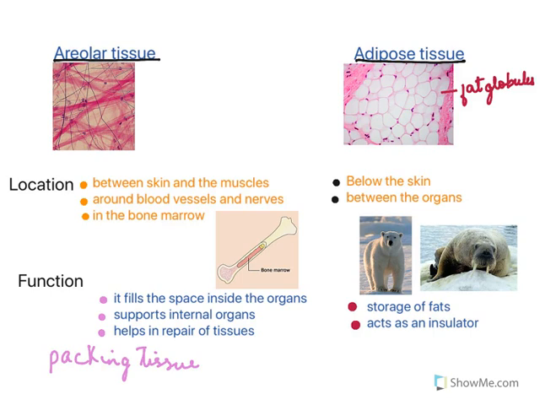You can see adipose tissue present in Arctic animals like the polar bear and the walrus. They all have a thick layer of this adipose tissue in which a large amount of fat is stored, and this keeps the body warm. It acts as an insulator and keeps the body warm.